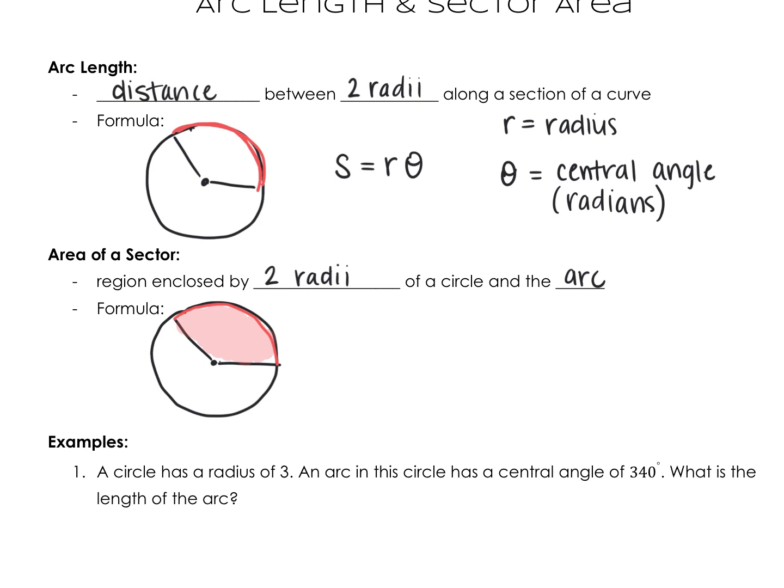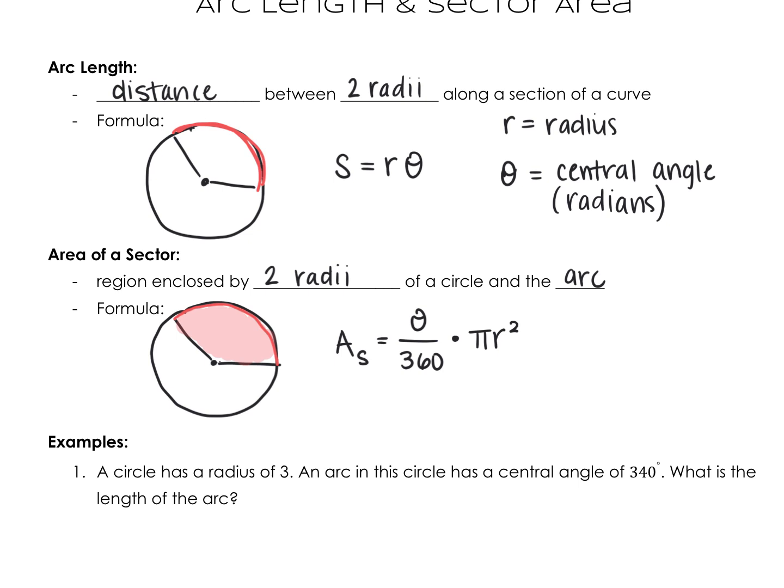For the formula, we abbreviate A sub S because it stands for area of a sector. And you have to do theta over 360 times pi r squared.